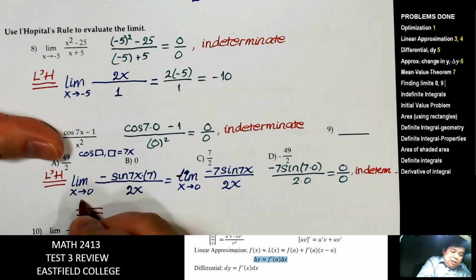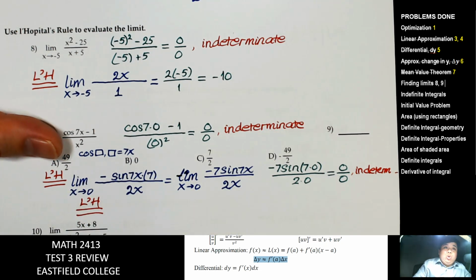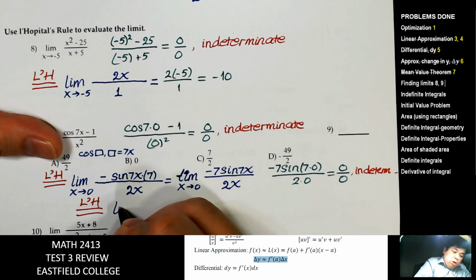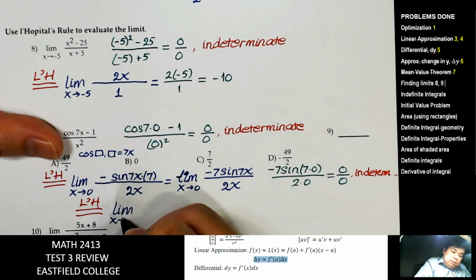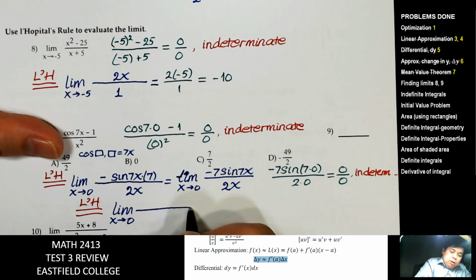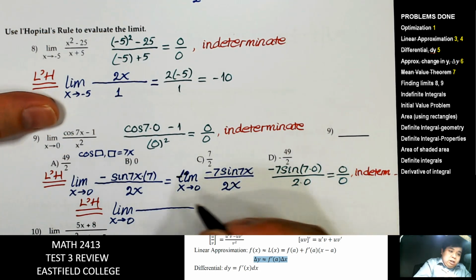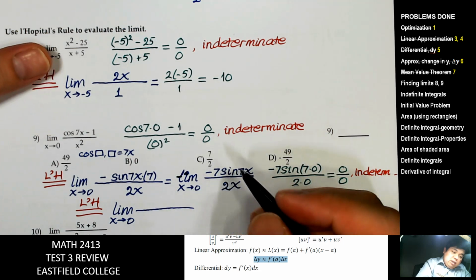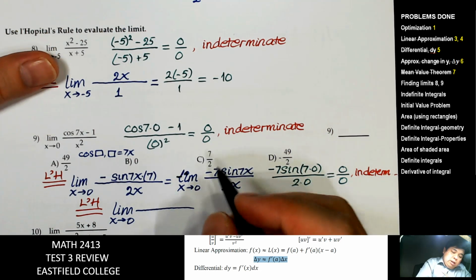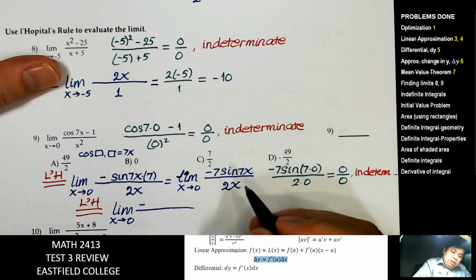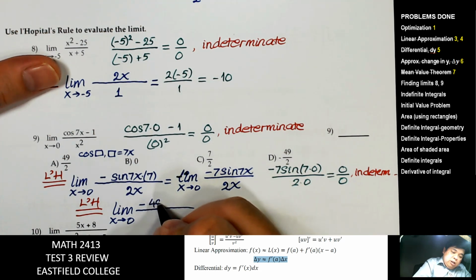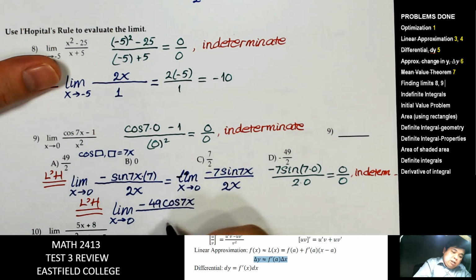So the L'Hopital rule again. As long as it is indeterminate, we can use the L'Hopital rule. Derivative of this will be another 7, so it will be negative 49 cosine of 7x over 2, and then we put in 0.